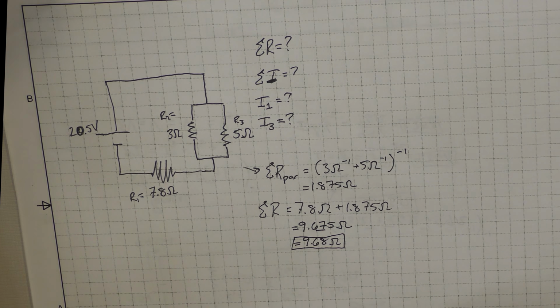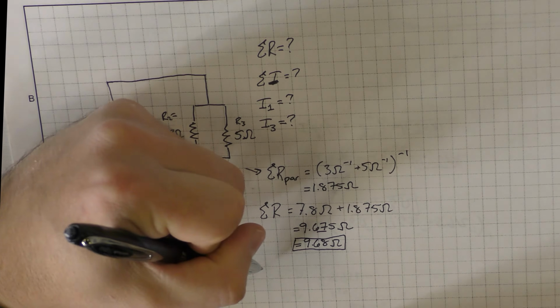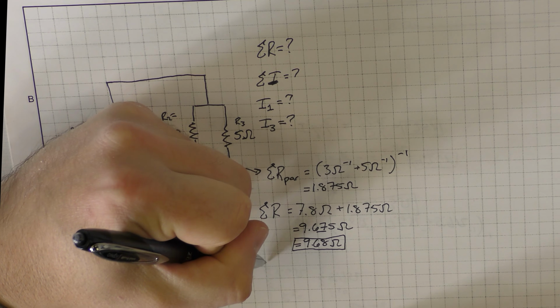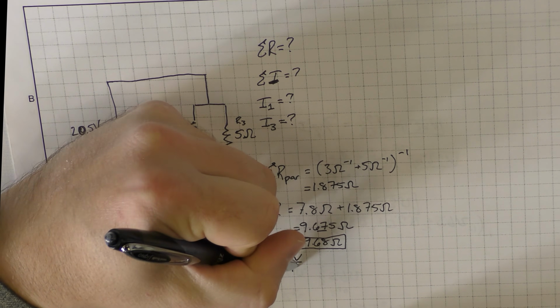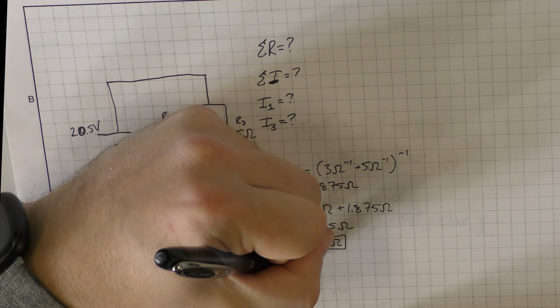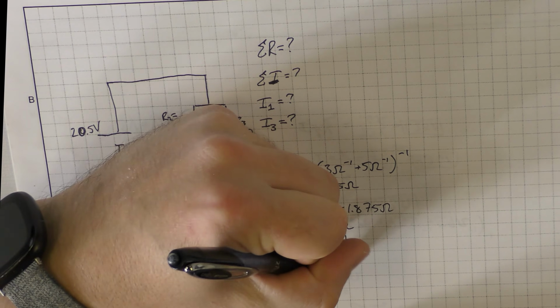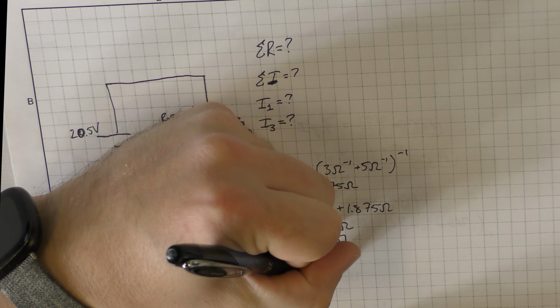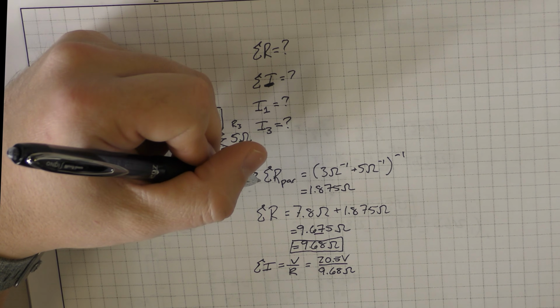Now that we know the total resistance, we can find the next thing, which is the total current. And we can do that because we also know the total voltage of our circuit. So we can just use the Ohm's law equation. I equals V over R. So 20.5 volts divided by our total resistance of 9.68 ohms will give us our total current.